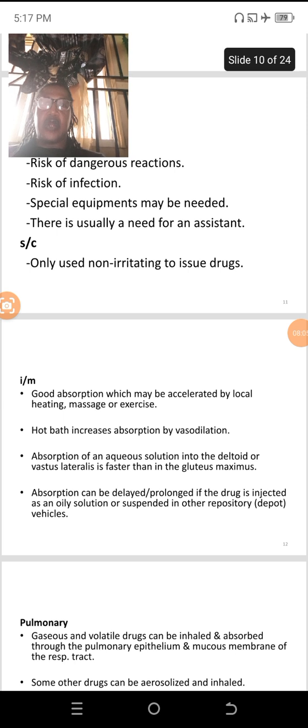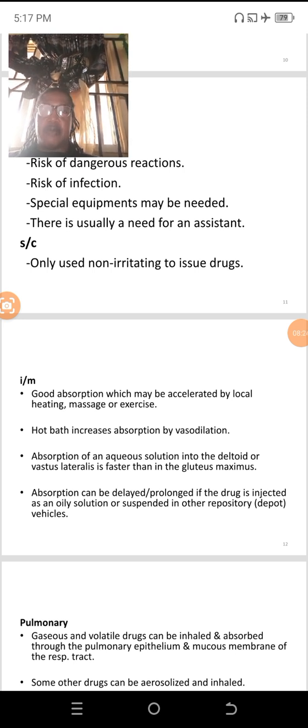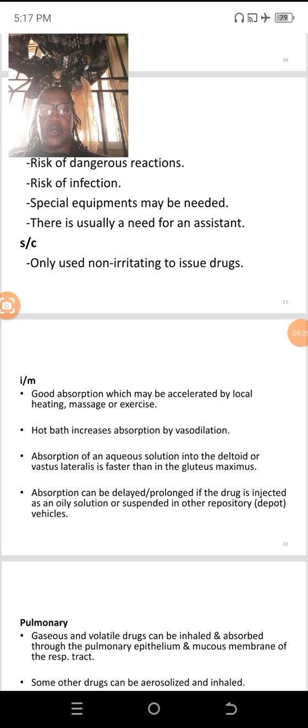For the intramuscular route of drug administration, simply, the drug is administered into a muscle, could be the gluteal muscle, could be into the vastus lateralis, could be into the deltoid muscle. Absorption via the intramuscular route is very good, and it may be accelerated by local heating, by massage of the area, or by exercise.